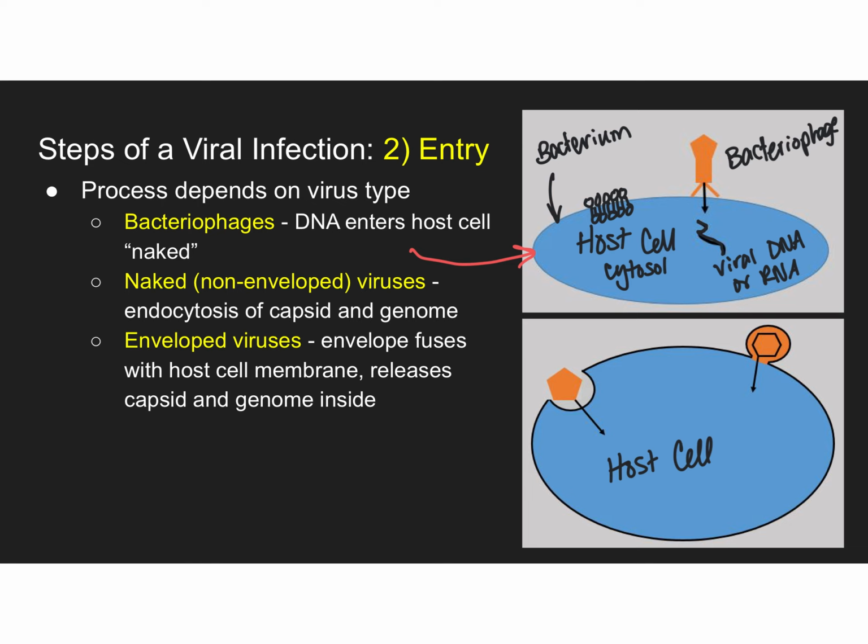Now, if a virus is naked, meaning it does not have an envelope, we're going to get a situation like this here. So this orange thing is the virus. And the host cell's membrane is going to go through endocytosis. Remember that endocytosis is a form of transport where the cell uses energy in order to basically wrap its cell membrane around something, in this case a virus, and it actually pulls the virus into the cell.